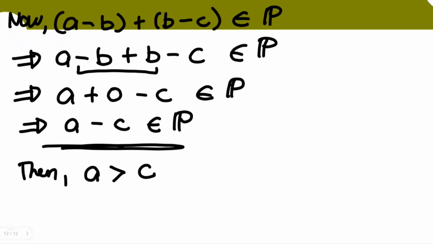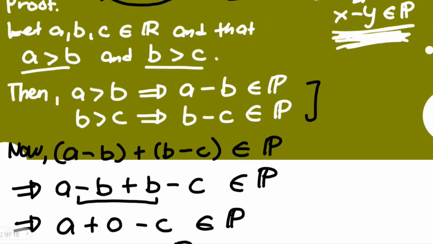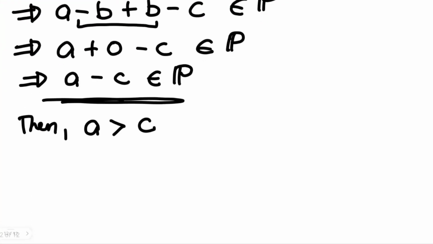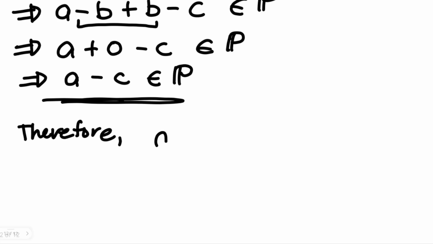And as you can see, this is what we are trying to prove here. Let us use therefore as the final statement. Therefore, A is greater than C. And this ends our proof.